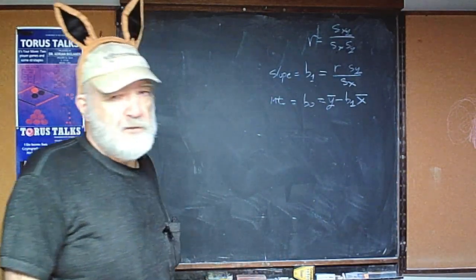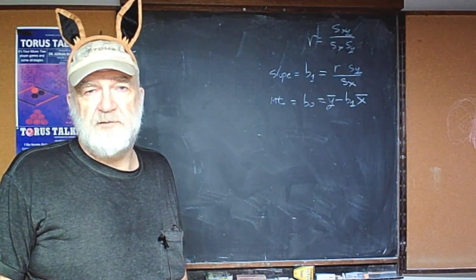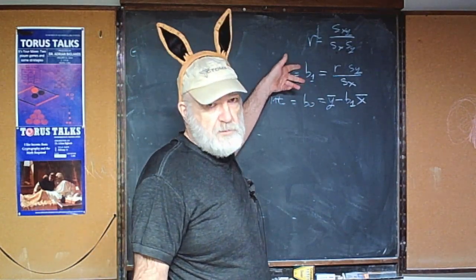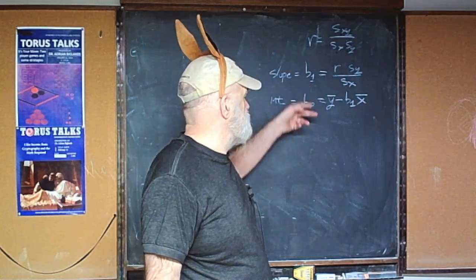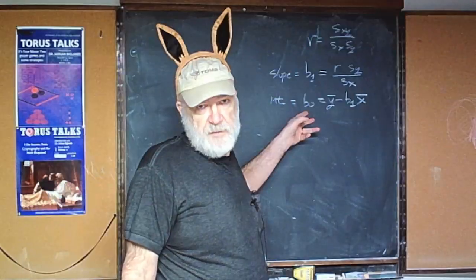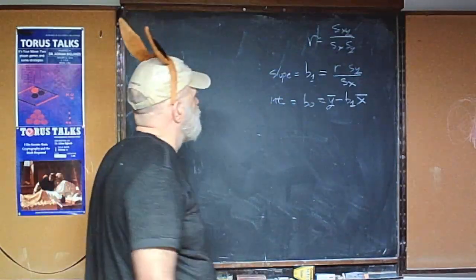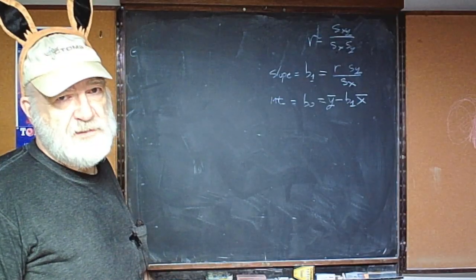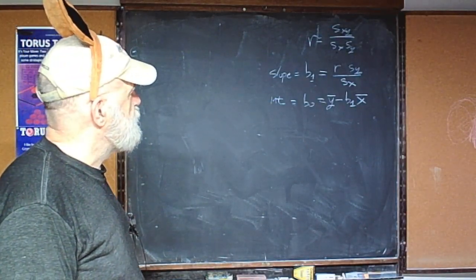And if you are quick of eye, you'll notice that you have to do it in the order I listed. You need r to get the slope. You need the slope to get the y-intercept. Keep that in mind. We're going to do this just using summary statistics, and we'll do a couple of examples.